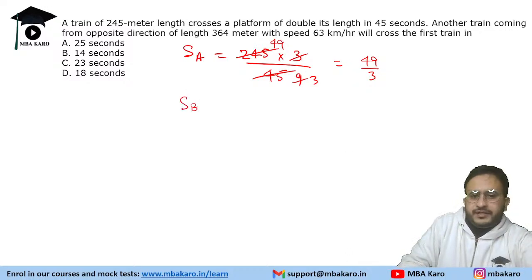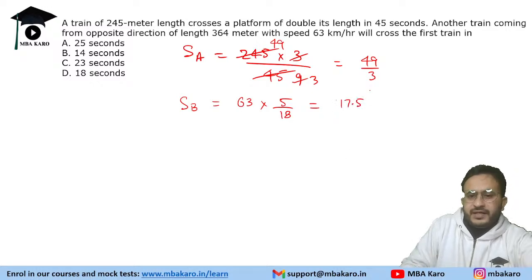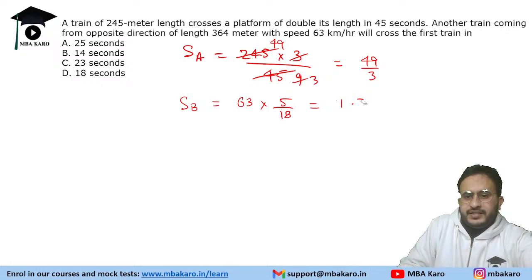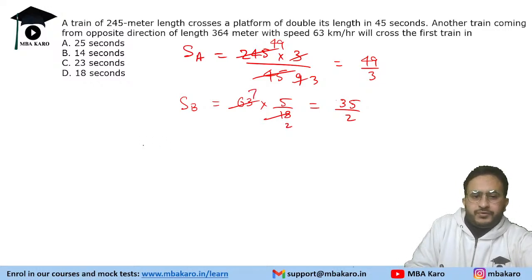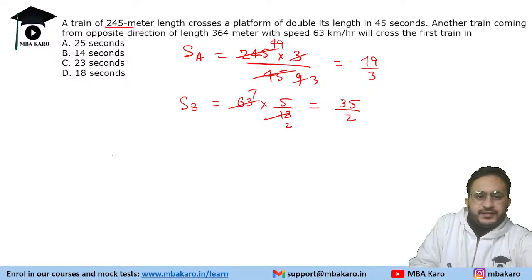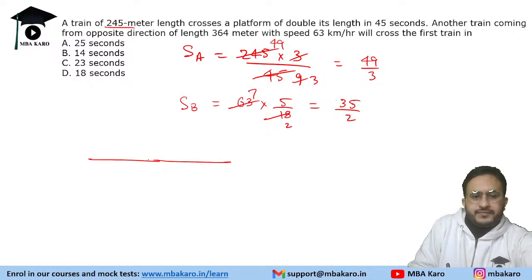The speed of B is given as 63 kilometer per hour into 5 by 18, which is 17.5, or you can say 35 by 2. Now the distance between the trains is 245 meter plus 364 meter.